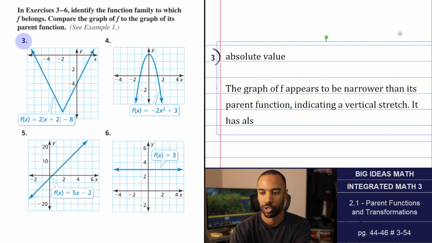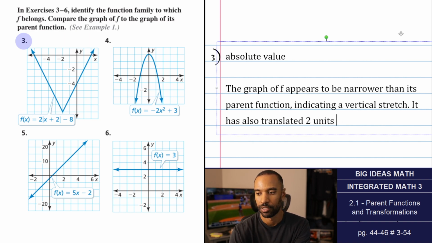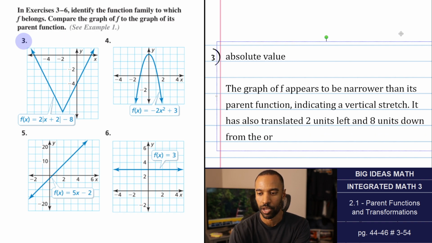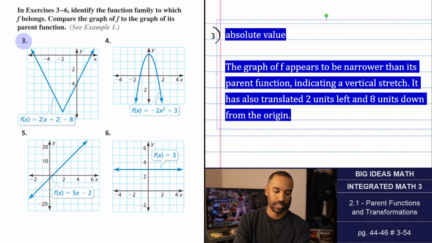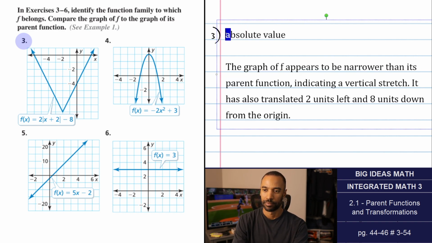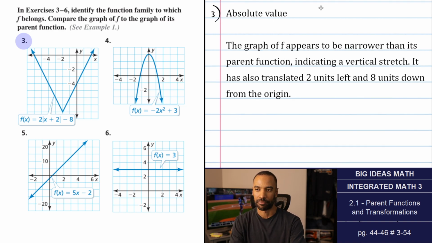It has also translated. Now, if you count it, it's 2 units left and 8 units down from the origin. I don't recall if they actually said that kind of stuff before, and we're going to have to do it later.